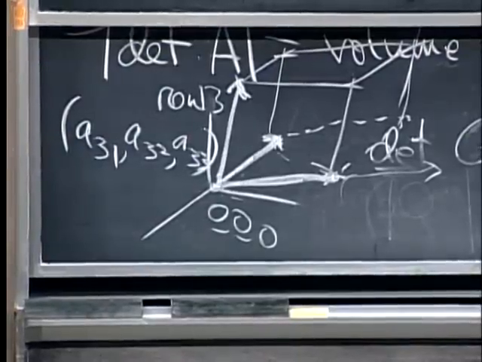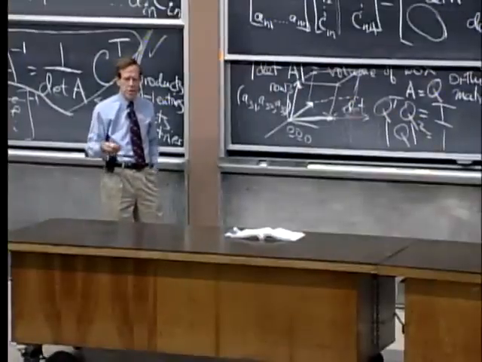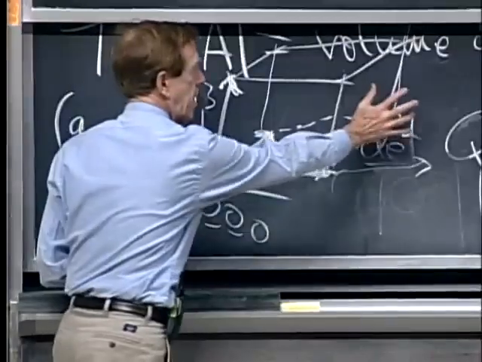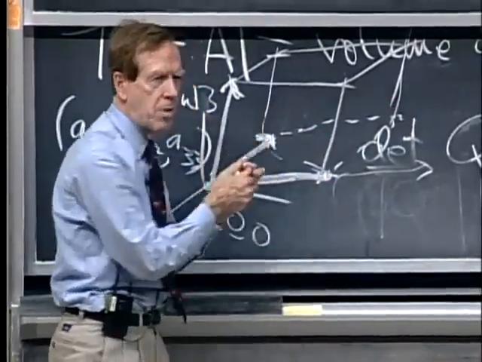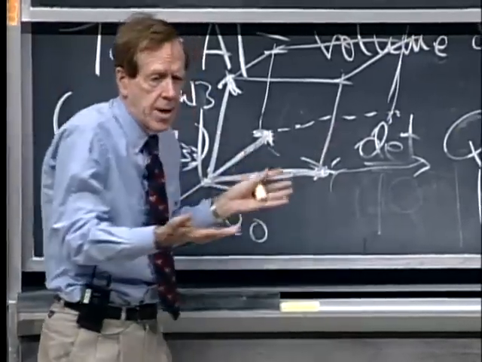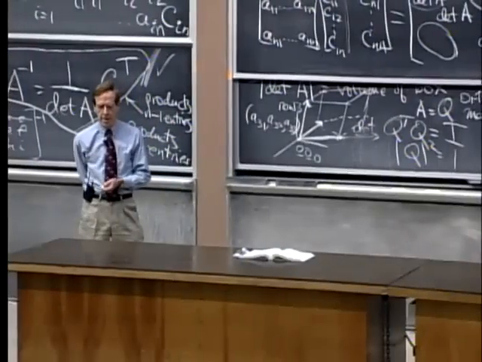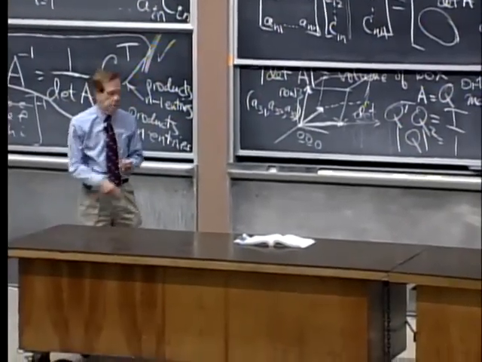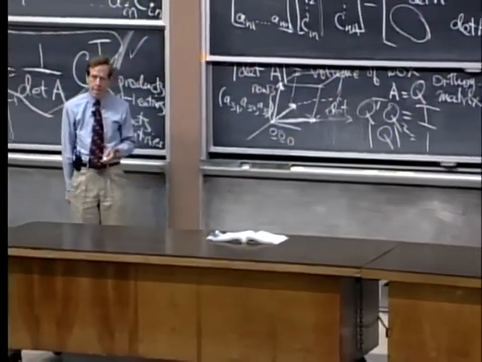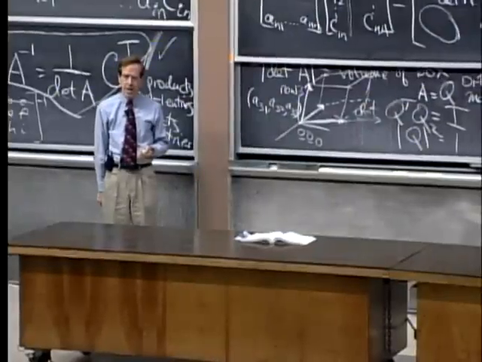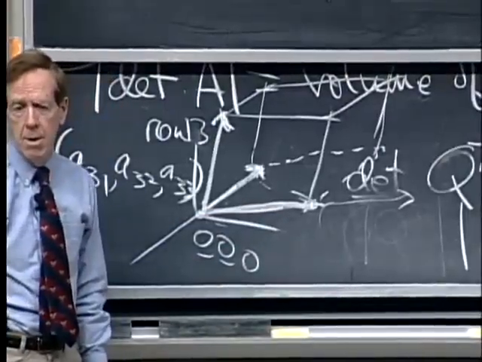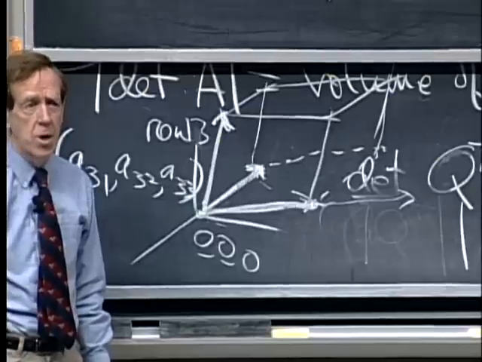It doubles, right? We know that the volume doubles, because the added cube would fit right on top of the other one. A geometer would say congruent. We have two identical cubes. Total volume is now 2. Okay, so if I double an edge, the volume doubles. What happens to the determinant? If I double the first row of a matrix, what's the effect on the determinant?